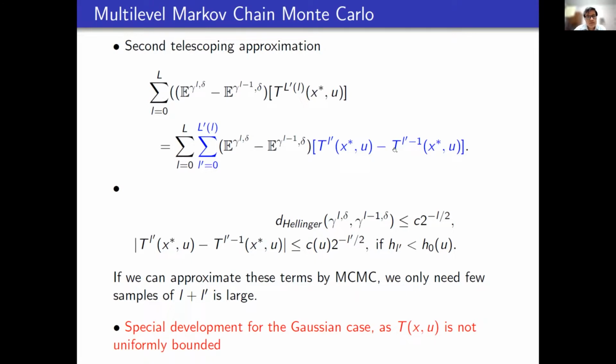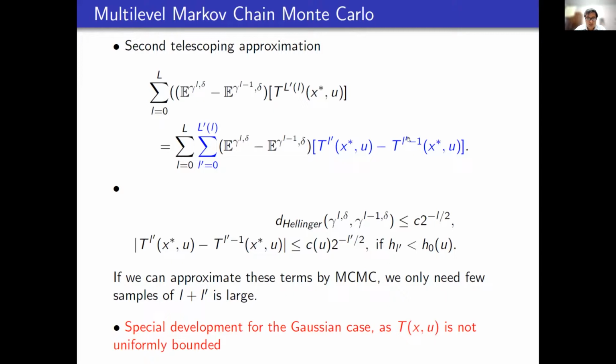Now, let me just remind you that here we have the difference of the posterior mean with respect to the resolution levels L and L minus 1. And here we have the numerical solution with respect to two resolution levels L prime and L prime minus 1. So the Hellinger distance between gamma L and gamma L minus 1 is bounded by the right-hand side.